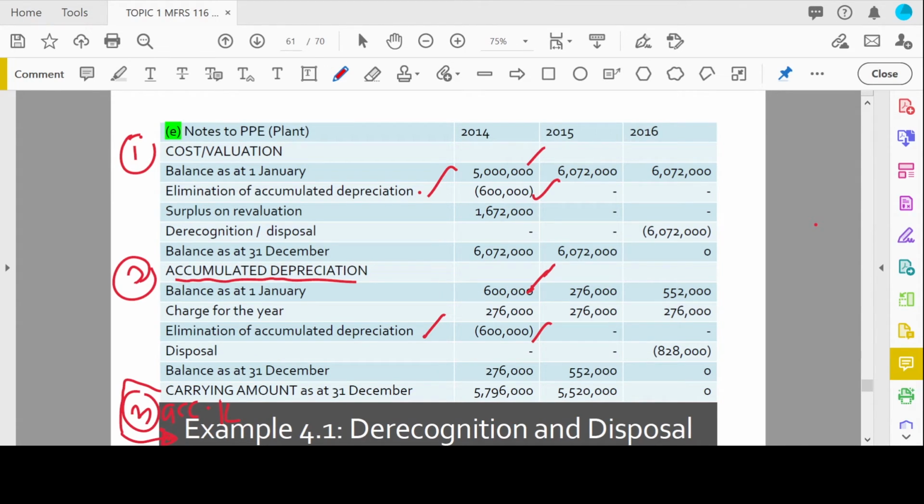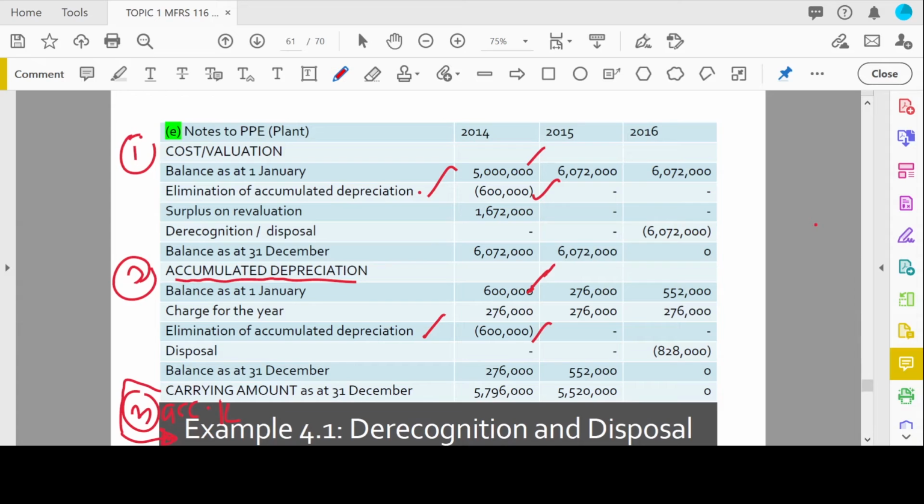Step number 2, restate the net carrying amount to its fair value, meaning to record the surplus or deficit on the revaluation. In this case, we have a surplus.